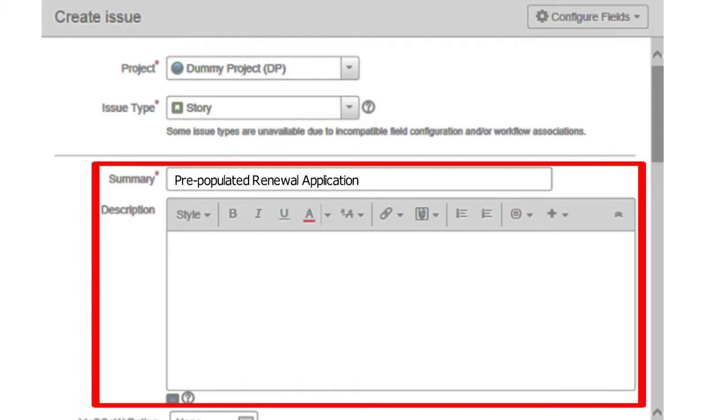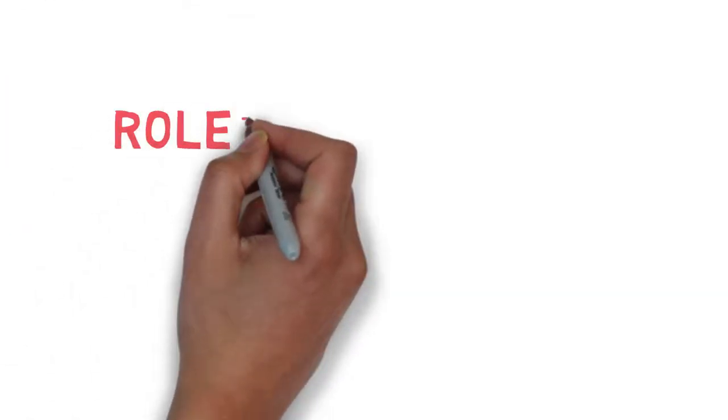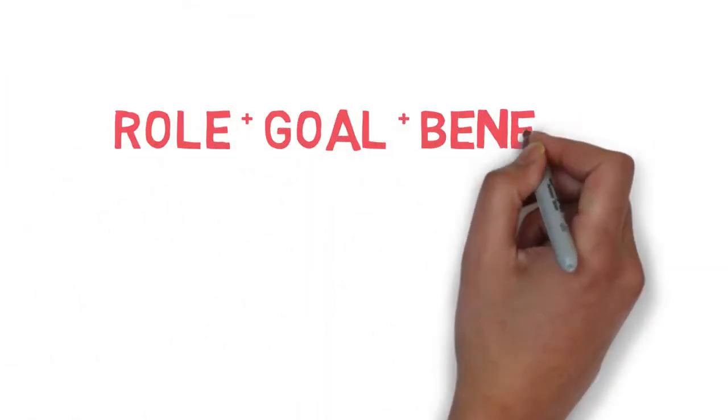Second is the description, which is a fleshed out version of the summary that elaborates on the user story's main point in a short, simple sentence. It allows for all stakeholders involved in the sprint to understand what the end objectives are and is formatted with 3 parts: role, goal, and benefit.